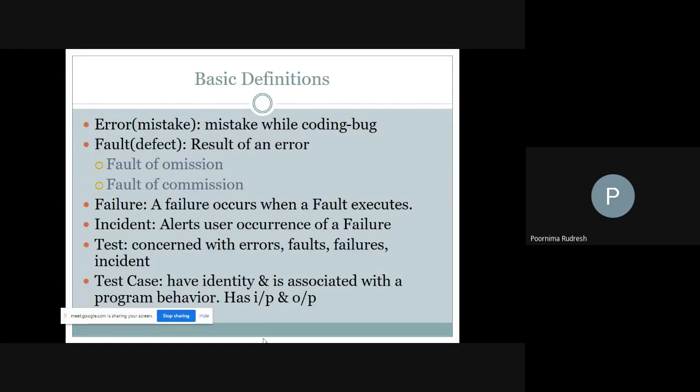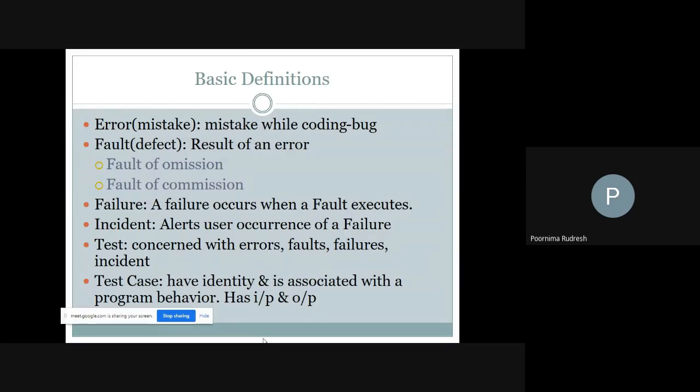Suppose I give you the program to write the summation of two integers. When you are writing the program for adding two integer numbers, the input you have to give is two integer numbers, and you get the output in integer form.